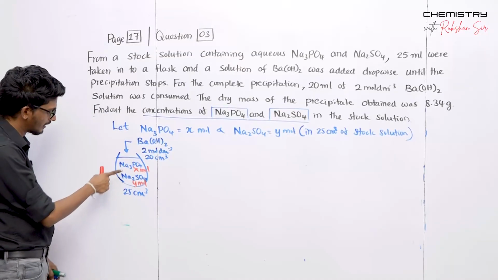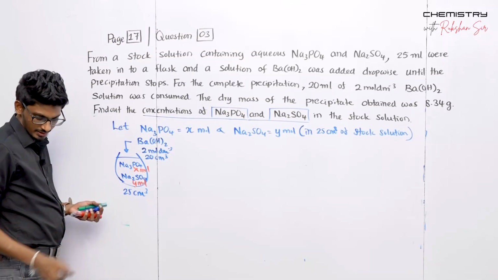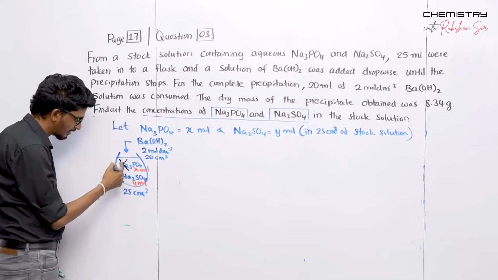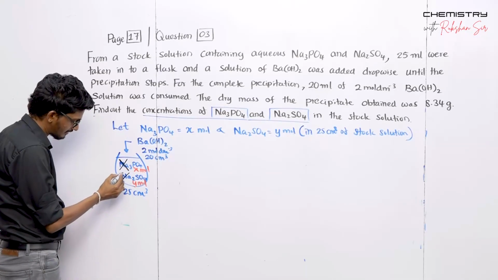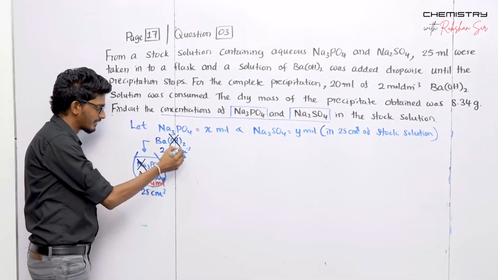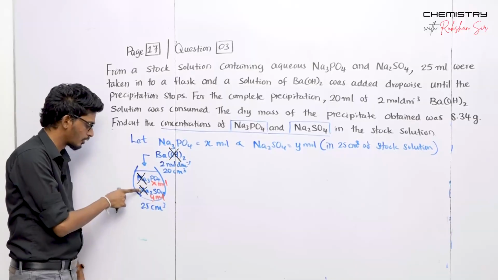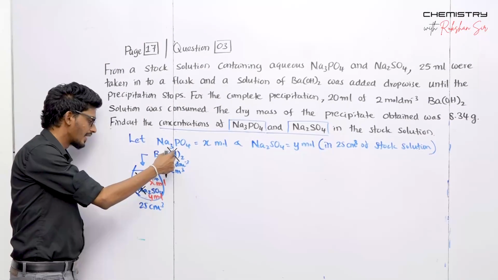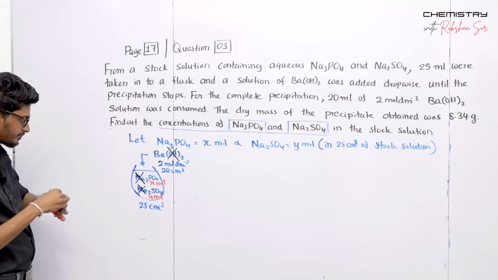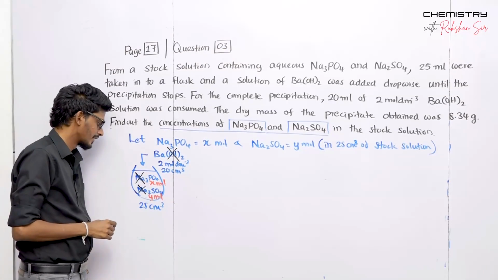But when it comes to the solution, sodium plus ions never get precipitated. So there is no use of the anion here. If all the cations in the solution are not going to precipitate, there is no use of the anion of the solution as well. So then what are the precipitates available?